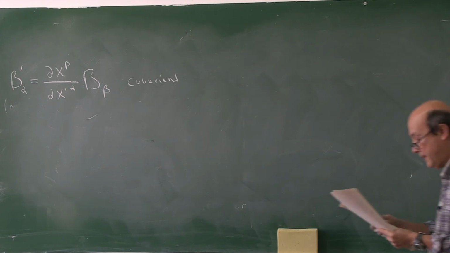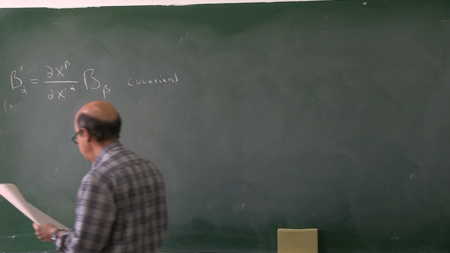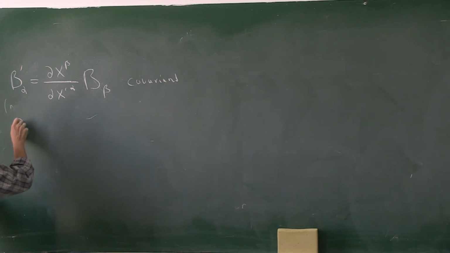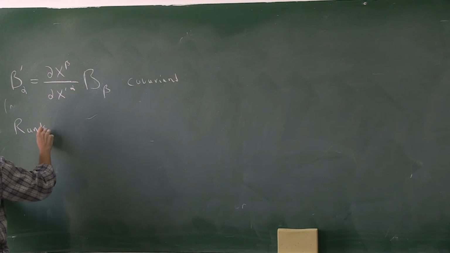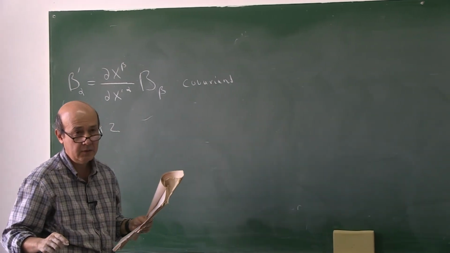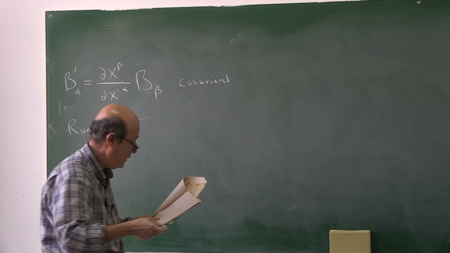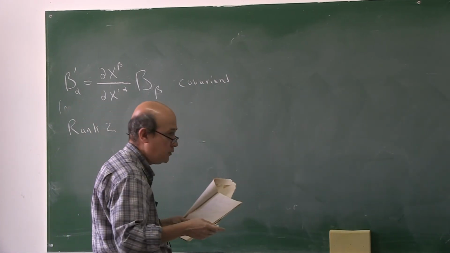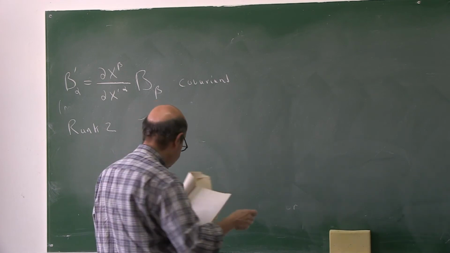Now let me define rank 2. Rank 2 is a tensor, yes. Rank 1 is a vector, rank 0 is a scalar.